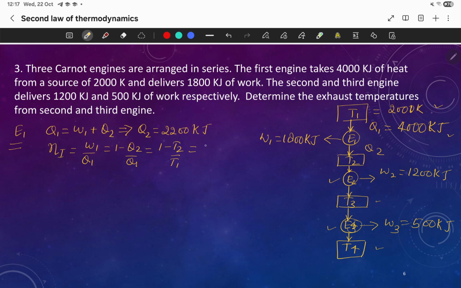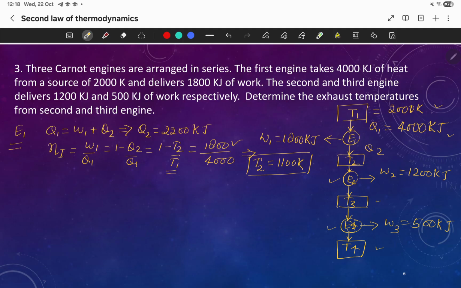We already have the W1 value, 1800, and Q1 is 4000, and we have the T1 value. Just put in this relation and we will get the T2 value as 1100 Kelvin.